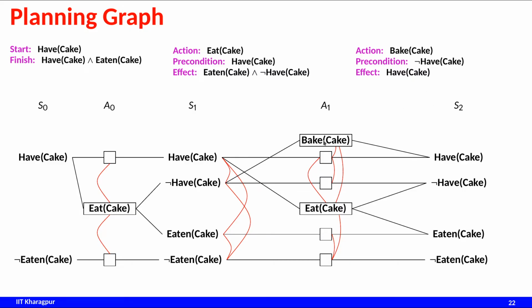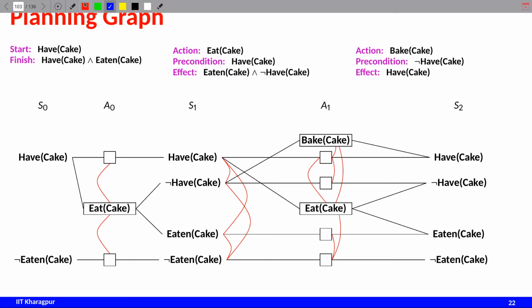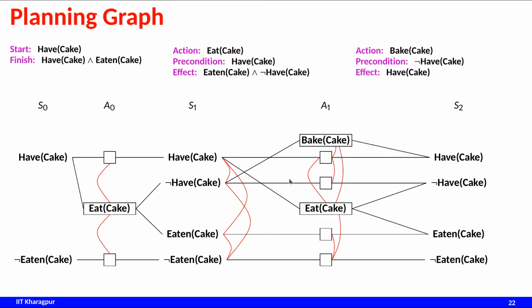So now let us look into the mutex actions. If you look into bake cake and eat cake, bake cake results into have cake, eat cake results into not have cake.